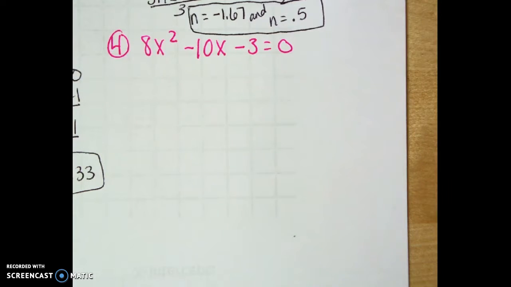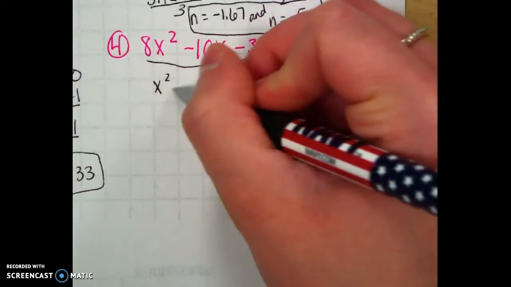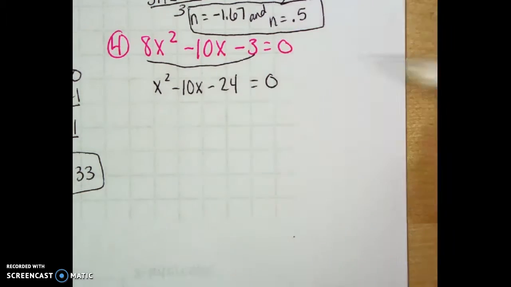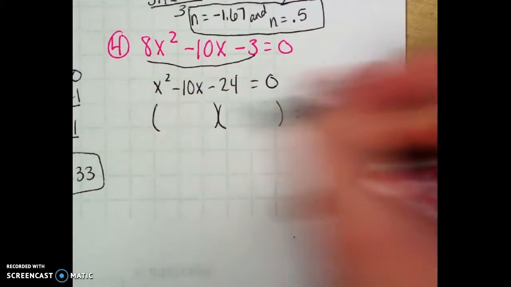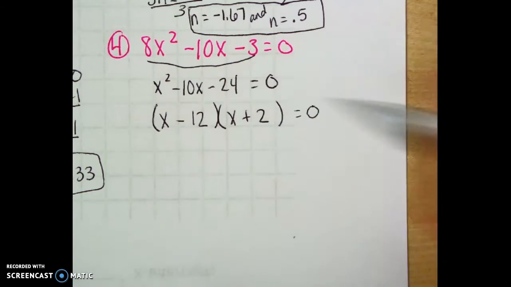Okay, number 4. All of them are on the same side, so you can just go ahead and start slide, divide, slide. X squared minus 10x minus 24 equals 0. That would be x minus 12, x plus 2.